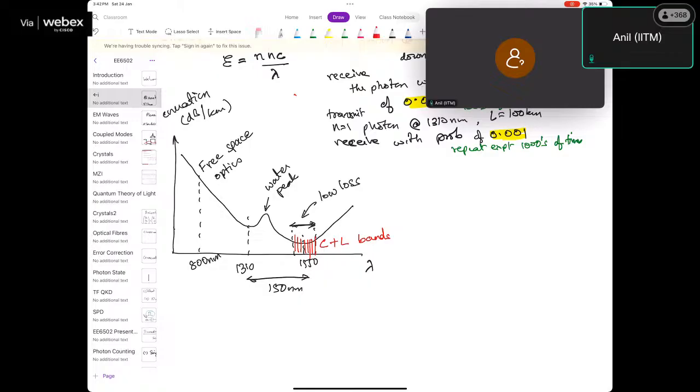They're called bands and wavelengths on the ITU grid. ITU stands for International Telecommunication Union, and it defines the particular wavelengths that we can use to transmit on an optical fiber.